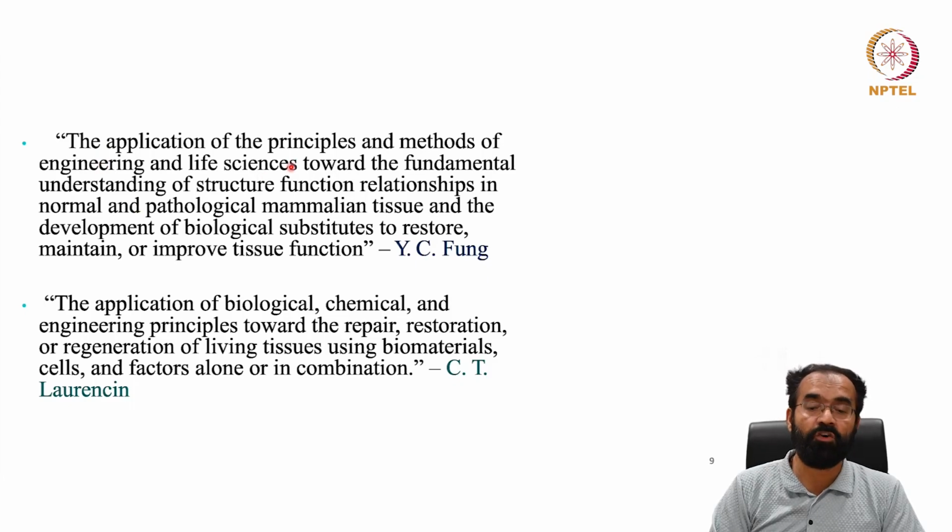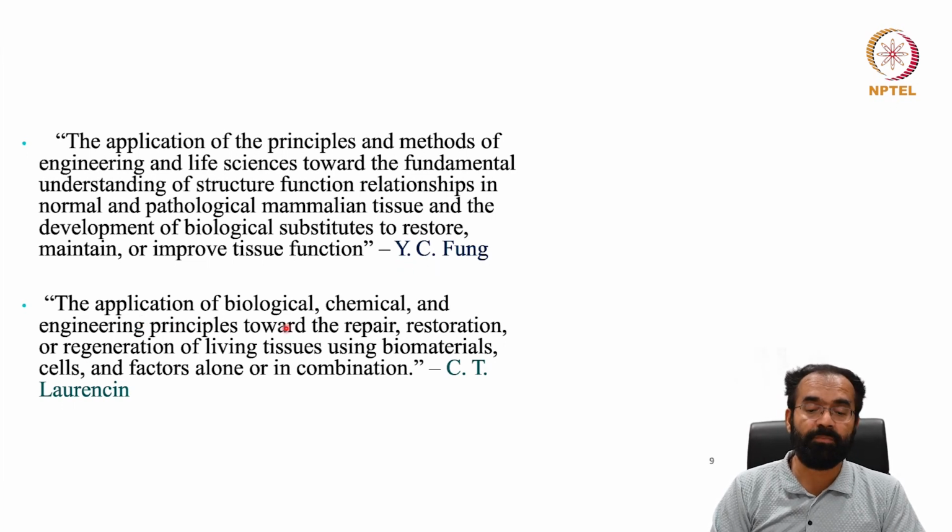The application of principles and methods of engineering and life sciences towards the fundamental understanding of structure-function relationships in normal and pathological mammalian tissue, and development of biological substitutes to restore, maintain, or improve tissue function. This definition has come from Y.C. Fung.